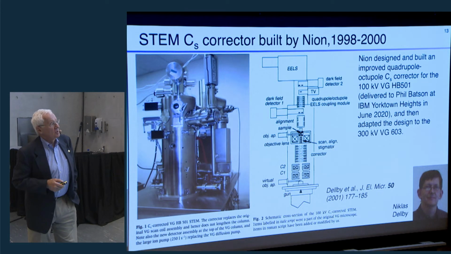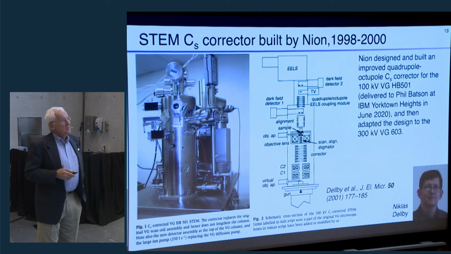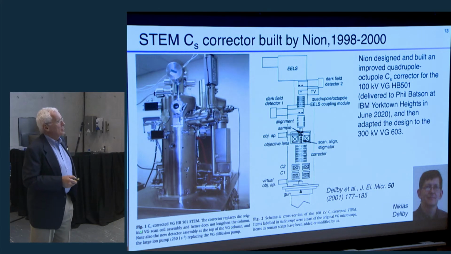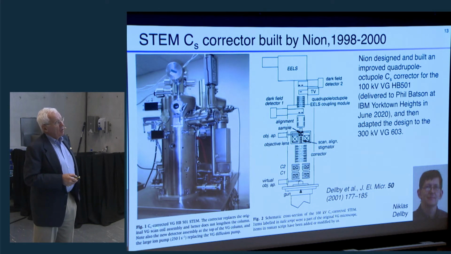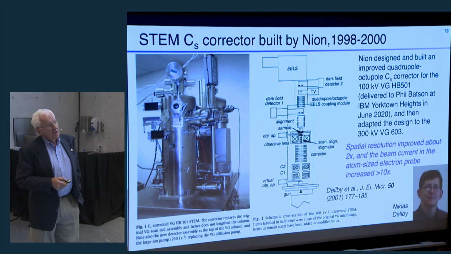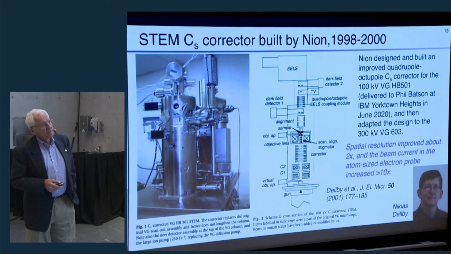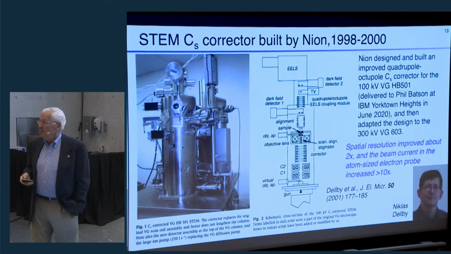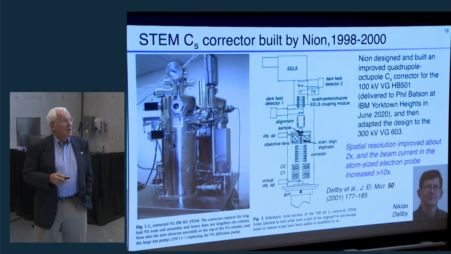So when we separated it out, a nice, easy to operate corrector emerged, and we put it into a more modern VG HB501 STEM. The first one was ordered by Phil Batson, Yorktown Heights, and he showed very convincingly that the resolution improved about 2 times, and the beam current in the probe went up about 10 times.